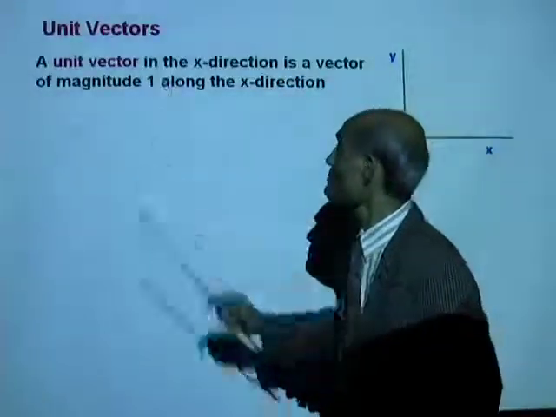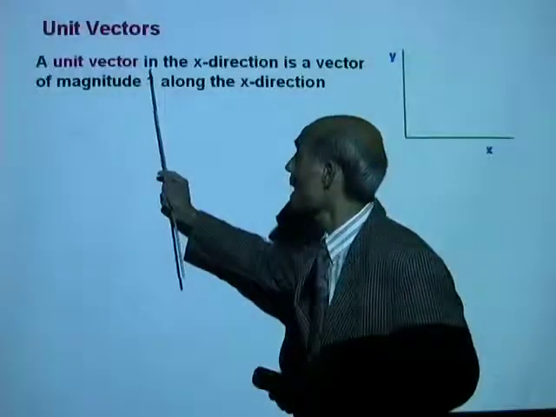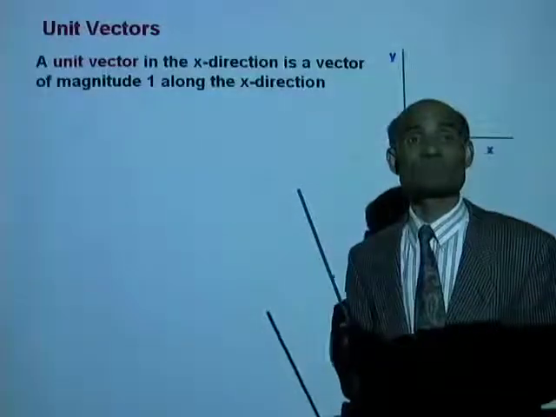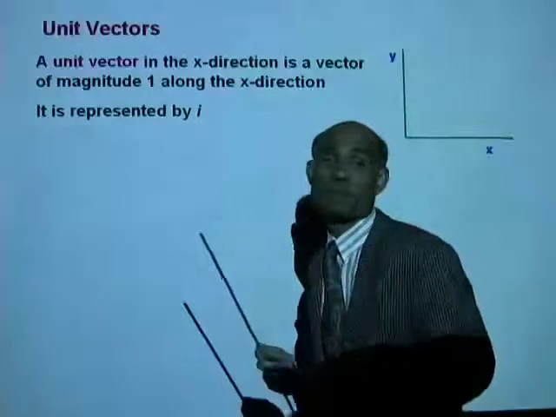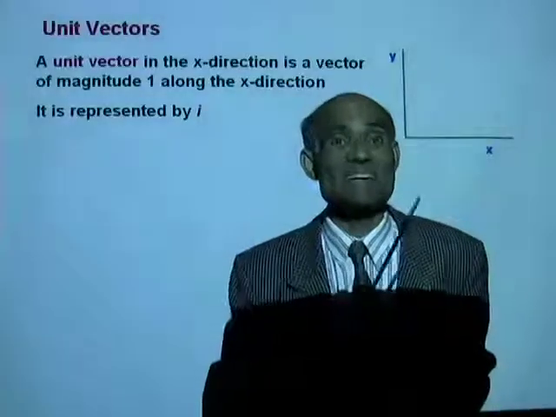A unit vector in the x direction is a vector of magnitude 1 along the x direction. It is represented by the lowercase i and normally italicized.